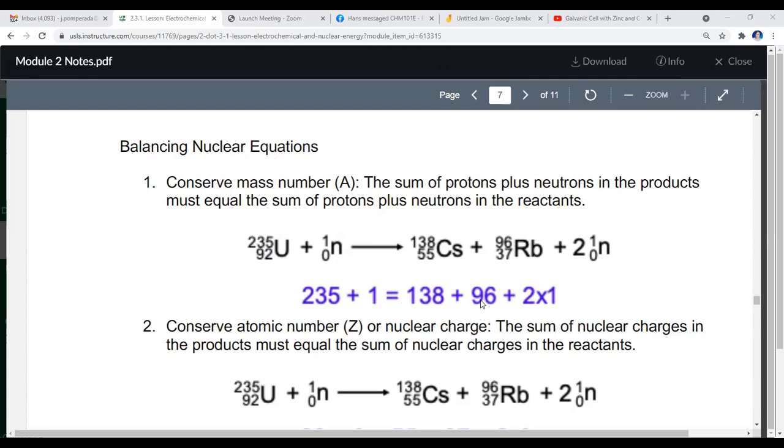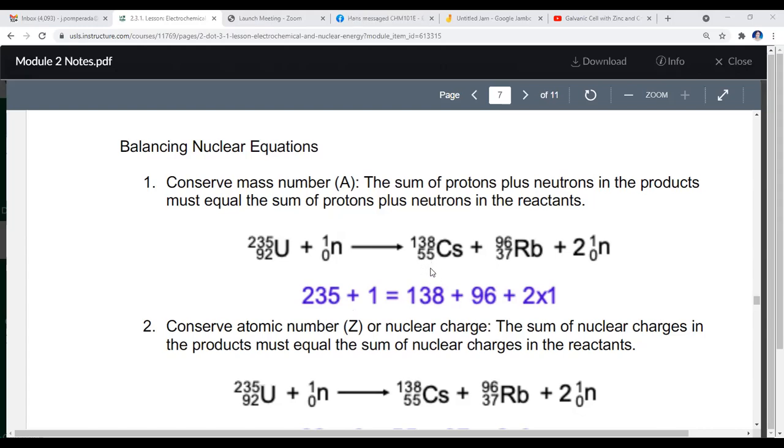So this is 98 plus 138, that would be 236 all in all.